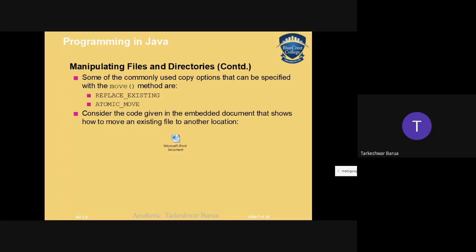Atomic move means it will move from the particular location, and another file with the same name could be created. That is known as atomic move. I will share this code on Moodle after this session.